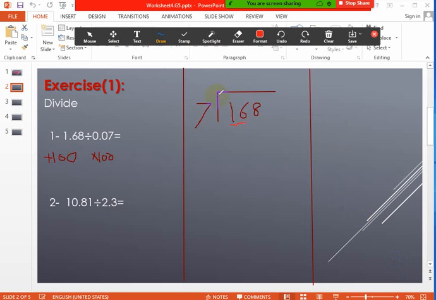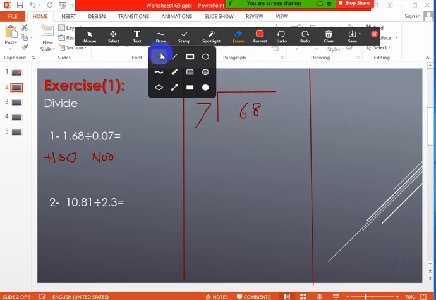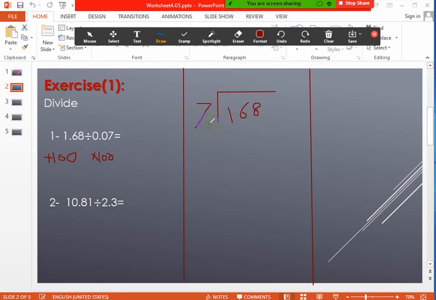Now I want to divide 16 by 7. Which number, if I multiply it by 7, will give me the closest number to 16?